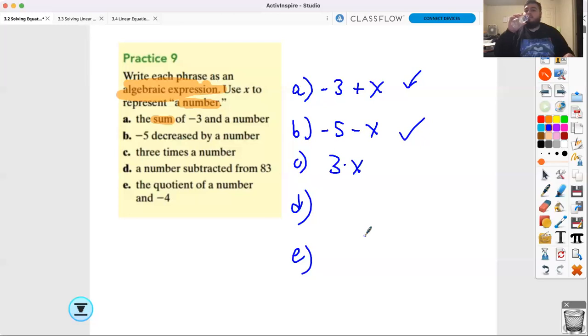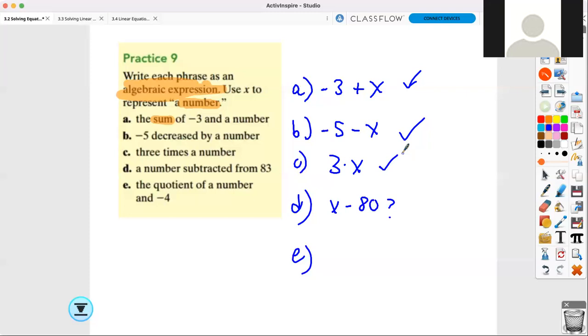Anyone want to share what they got for D? Someone told me for D, they got x minus 80. How do you feel about that? So C is correct. Sir, it's 83, right?